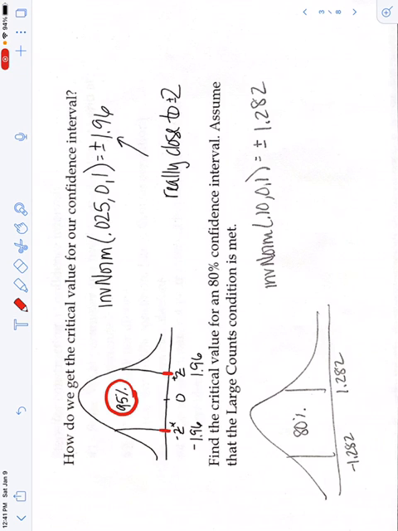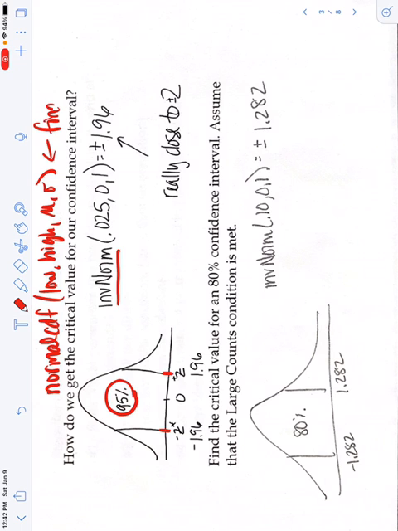That cuts off 95%. Okay, so I am going to use inverse norm. I'm not using normal CDF because normal CDF finds me the area. Just to refresh, normal CDF goes from low to high with the mean and the standard deviation, and that finds area.